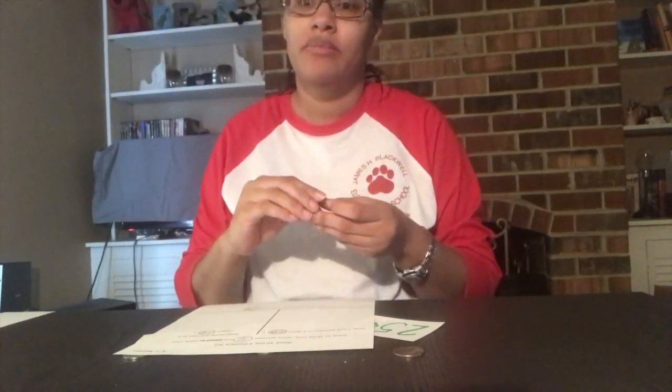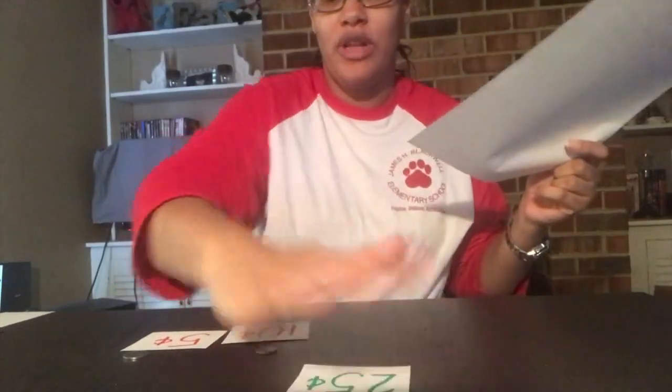So I am going to use my crayon rubbings to draw to show. So if you decide that you're just going to draw it, you could just draw a circle and put a 1 cent in it. So you can show how many pennies. But let's move our coins out of the way.